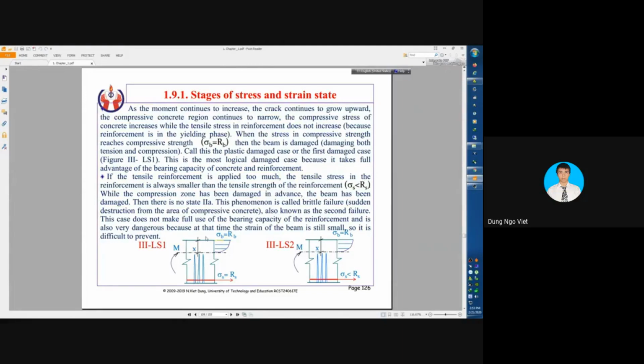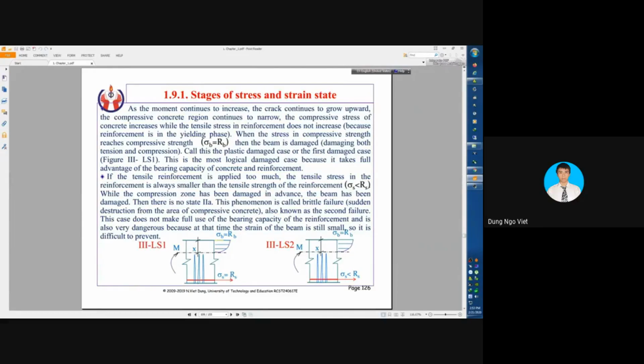The compressive stress of concrete increases while the tensile stress in reinforcement is still equal to the tensile strength of the reinforcement, because the reinforcement is in the yielding phase.